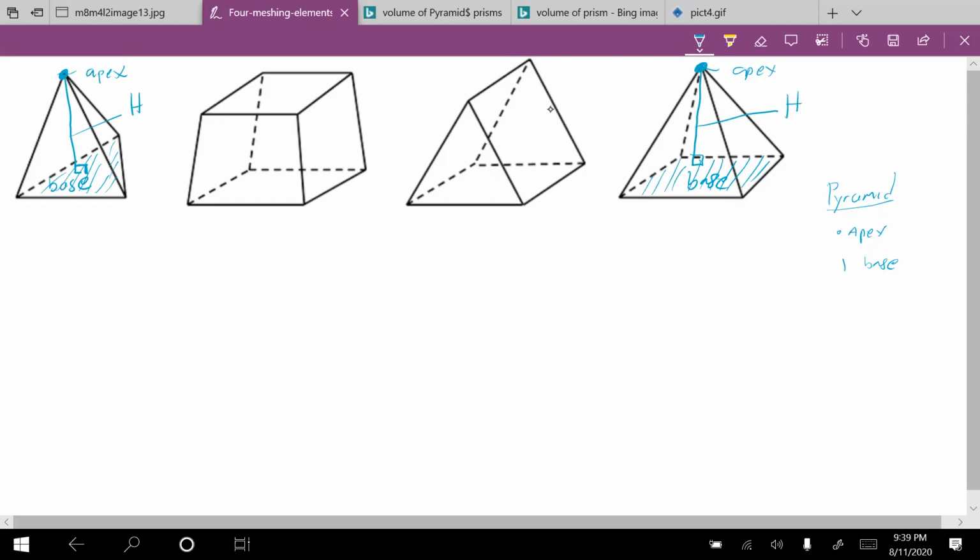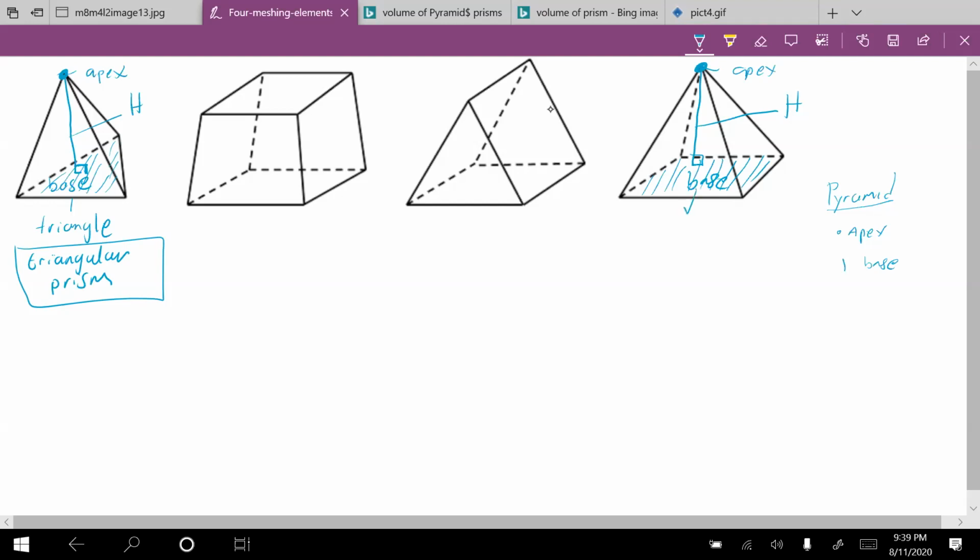Okay, we can name a pyramid based on the shape of the base. So this base is a triangle, and so we name this figure triangular pyramid.